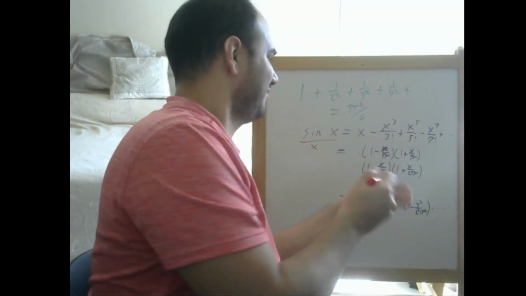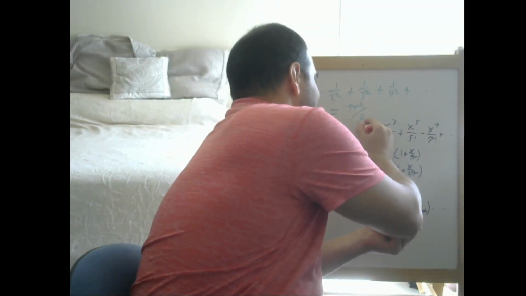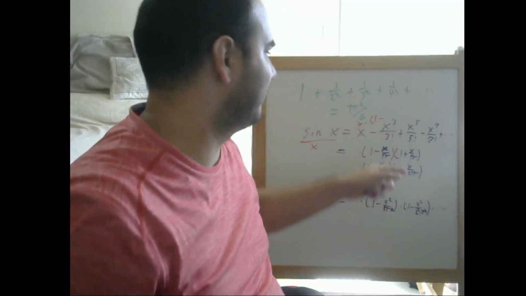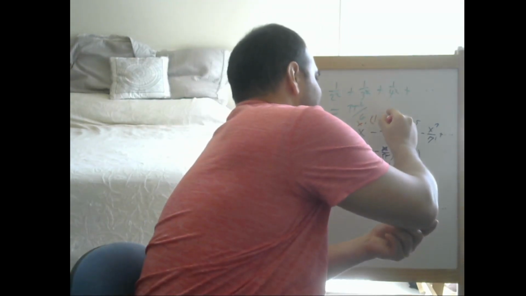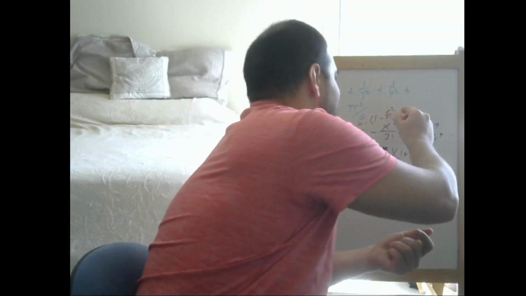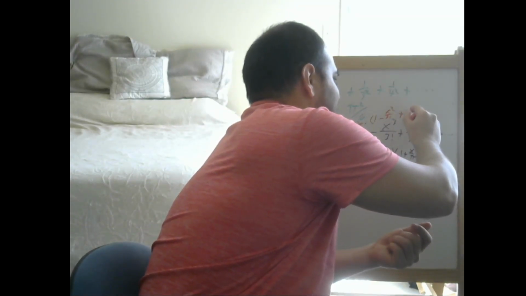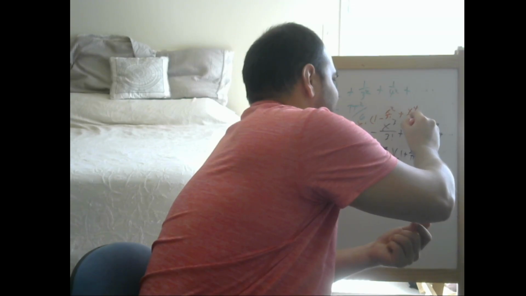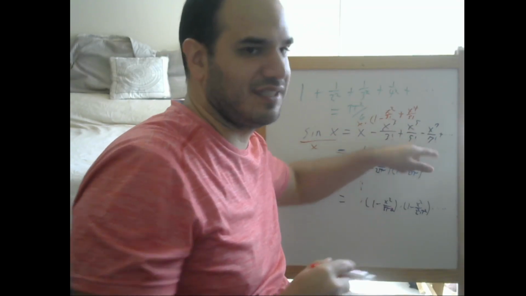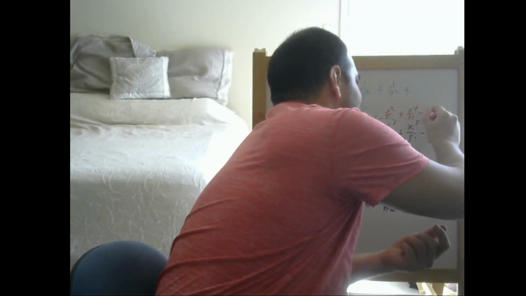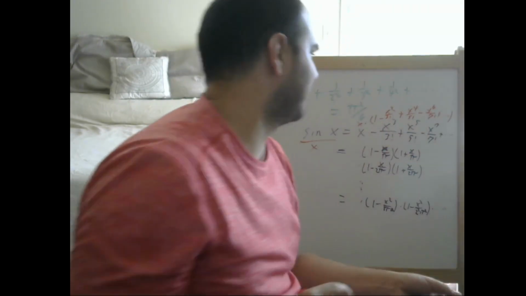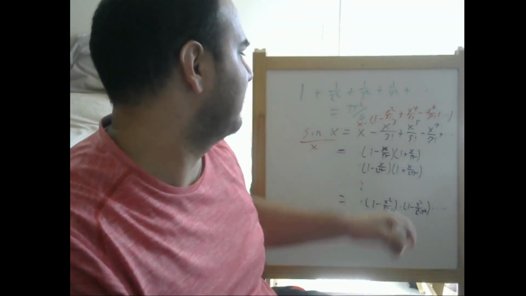So we want x times 1 minus x squared over 3 factorial plus x to the 4 over 5 factorial minus x to the 6 over 7 factorial, and so on and so forth, all the rest of the way. So we factored it out.